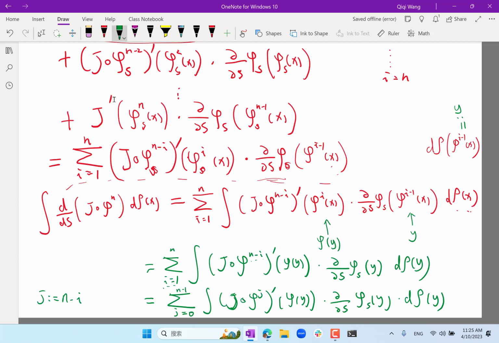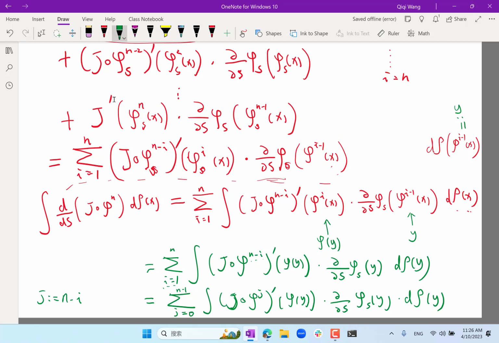And in that case, we need phi to be invertible. This is going to be exactly y, and this is going to be phi to the minus 1 y. In that case, people just write J compound with phi to the jth power prime evaluated at y, and then the partial derivative of phi s, but now evaluated at phi to the inverse, the pre-image of y.